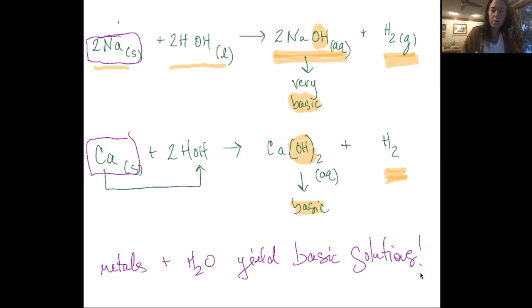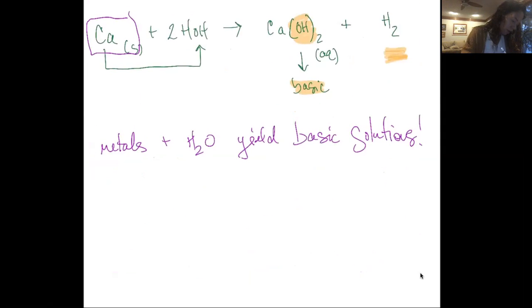Okay, so you should know that. Metals and water yield basic solutions. So metal oxides are basic and non-metal oxides are acidic. If you want to think about that, right? Where's your non-metal? There's your non-metal oxide.